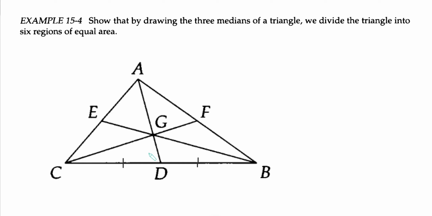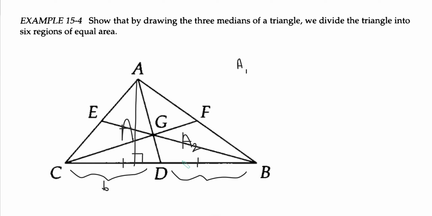So if you don't see why that theorem's true, let me get rid of these lines. If I call the area of the left triangle A2, the area of the right triangle A1 and A2, and I draw the altitude. So A1 is a half CD times the height H. Now what's A2?